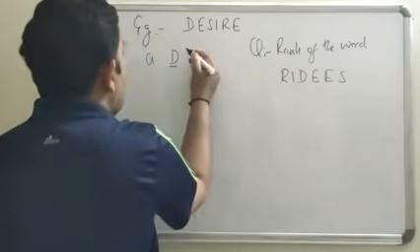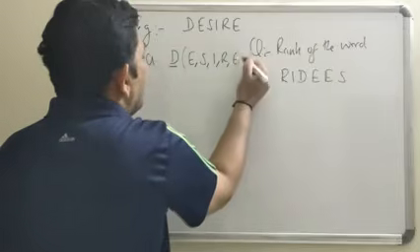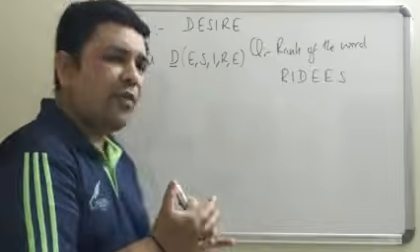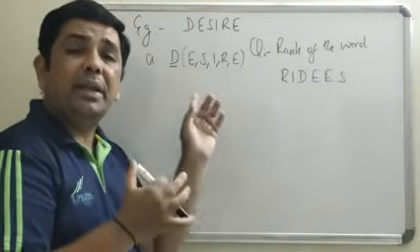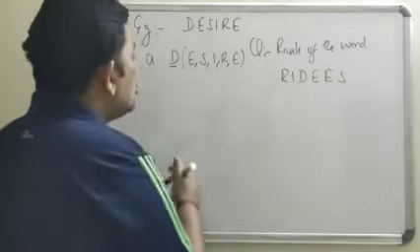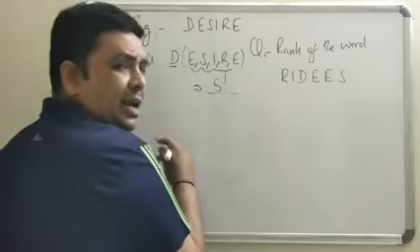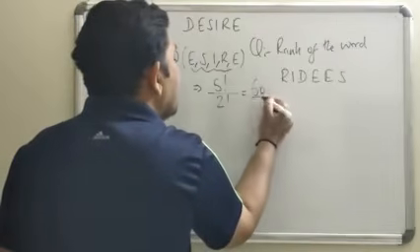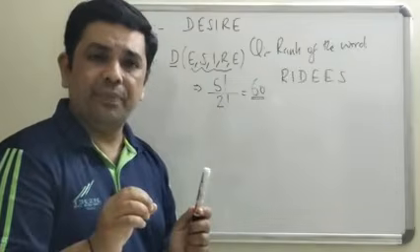It will depend on the number of ways we can arrange E-S-I-R-E. The number of ways we can arrange these 5 alphabets after fixing D will be the number of words that can be formed starting with D. Alright? So, how many such arrangements are possible? 5 factorial divided by, there are 2 E's, so 2 factorial. That means there will be 60 words that we can form starting with D.